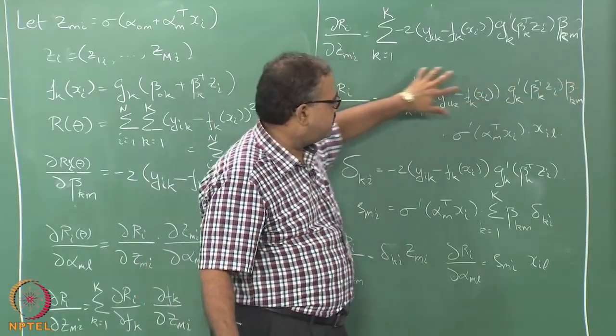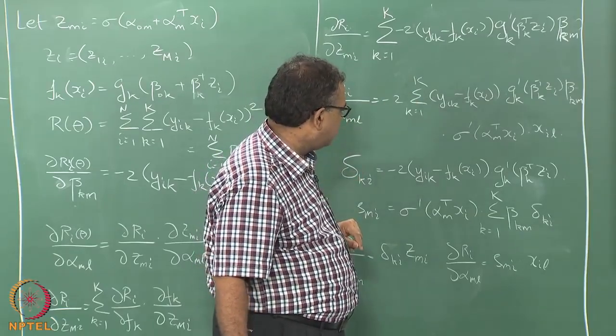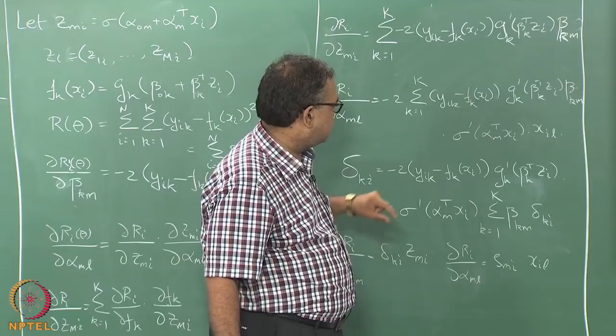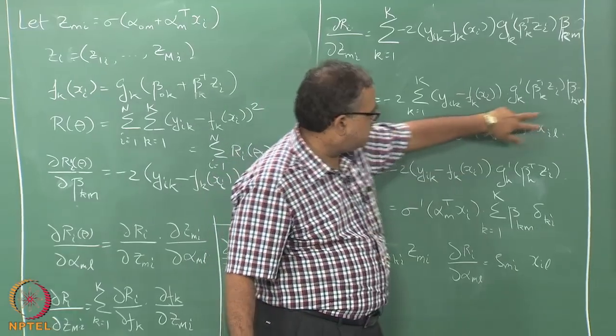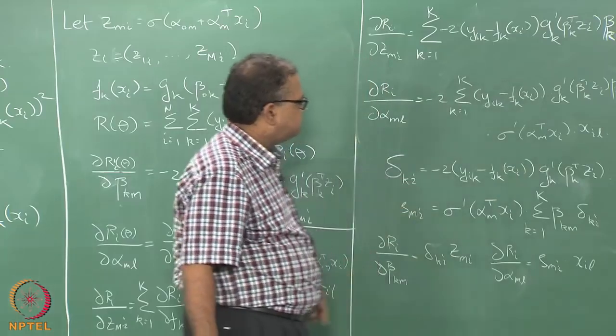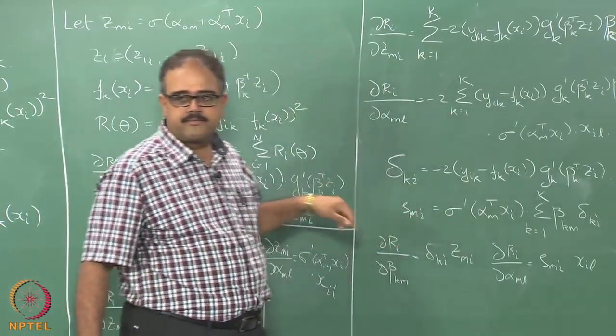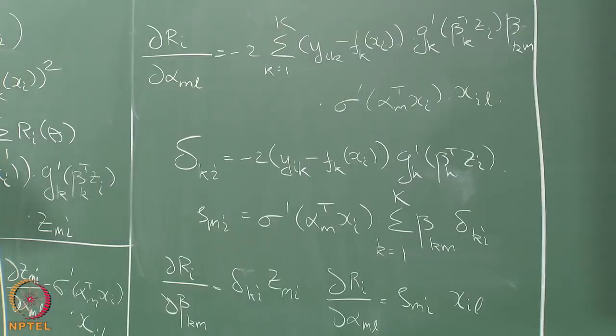That is the delta part, right, and then you have a beta, and then you have your sigma prime. So this all put together gives me my s_mi, right. So I have done nothing, I just applied chain rule and done some manipulation to simplify this, right.